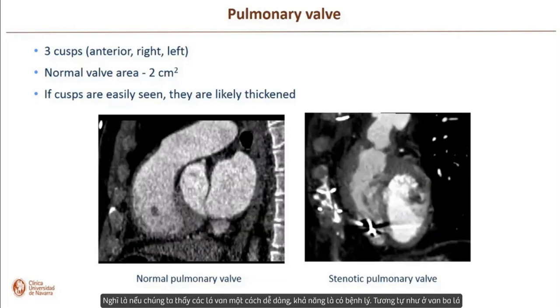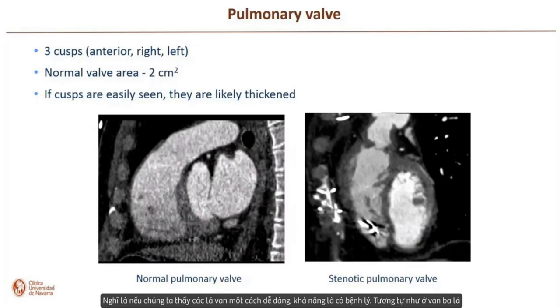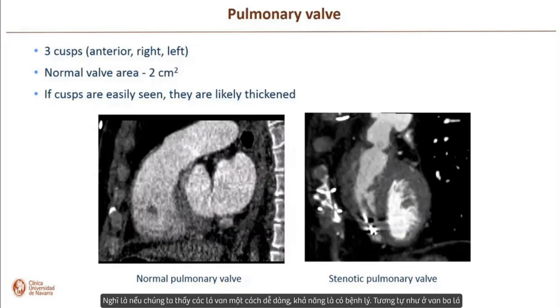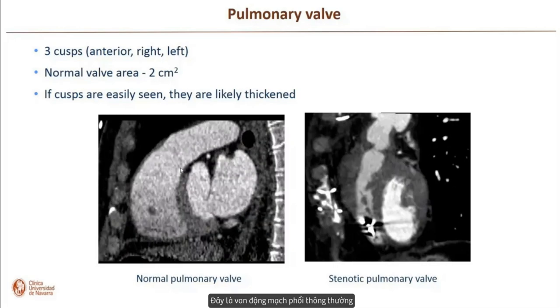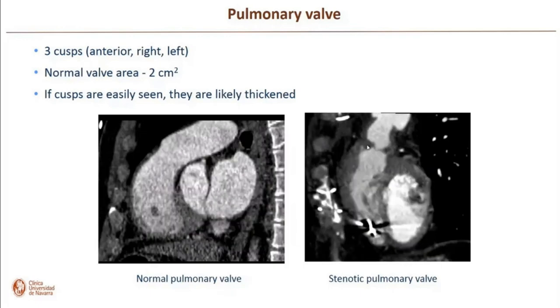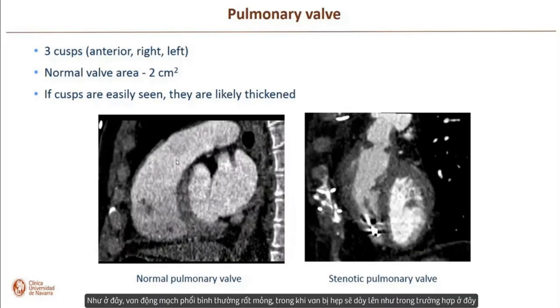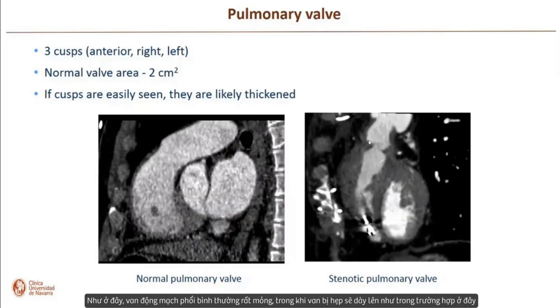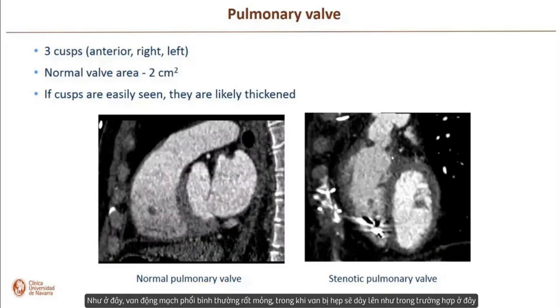It means that if we see the valve very easily, very likely it's diseased, similar to what happens with a tricuspid valve. This is a normal pulmonary valve, and this is a thickened pulmonary valve. Here you see that the normal pulmonary valve is very thin, whereas the stenotic pulmonary valve can be thickened, as in the case I'm showing to you here.